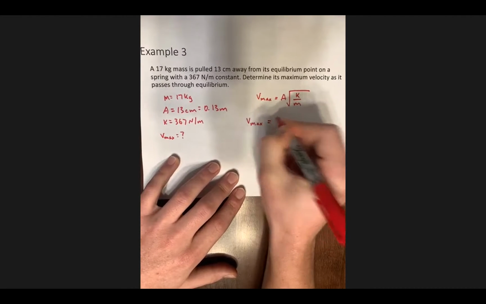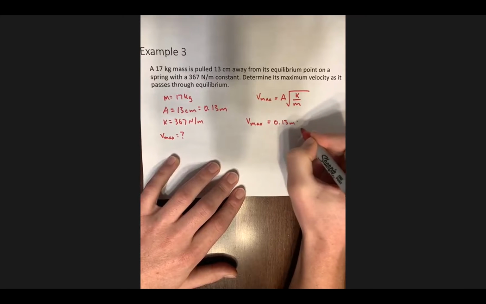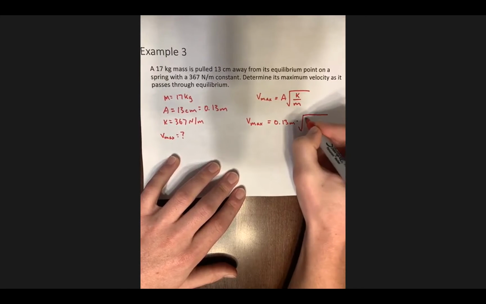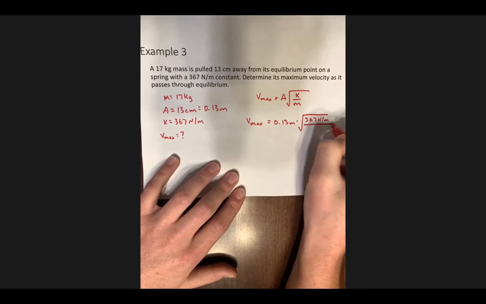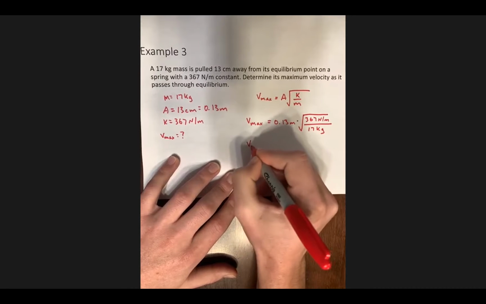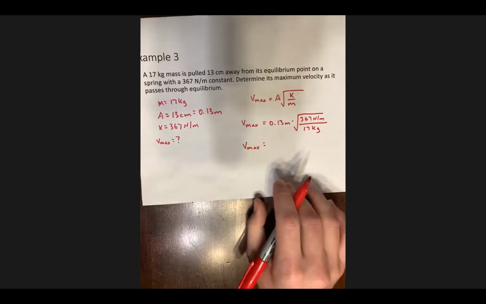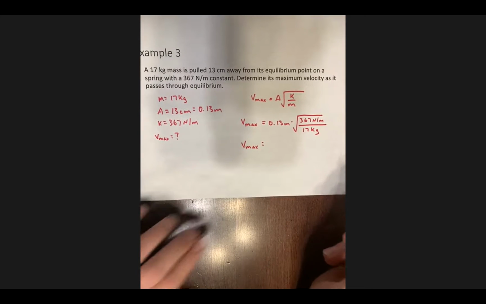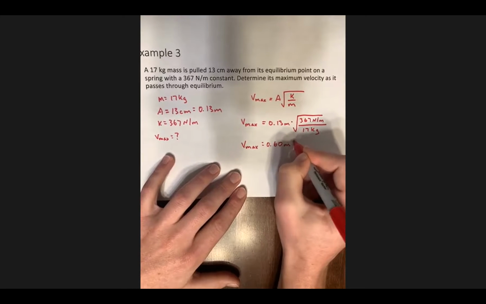So v max is equal to 0.13 meters multiplied by the square root of k, which is 367 newtons per meter, divided by the mass, which is 17 kilograms. If you punch those into your calculator, you will get a value of 0.60 meters per second.